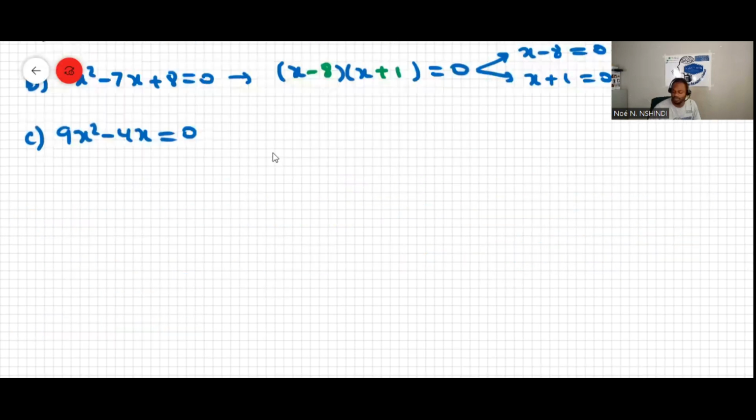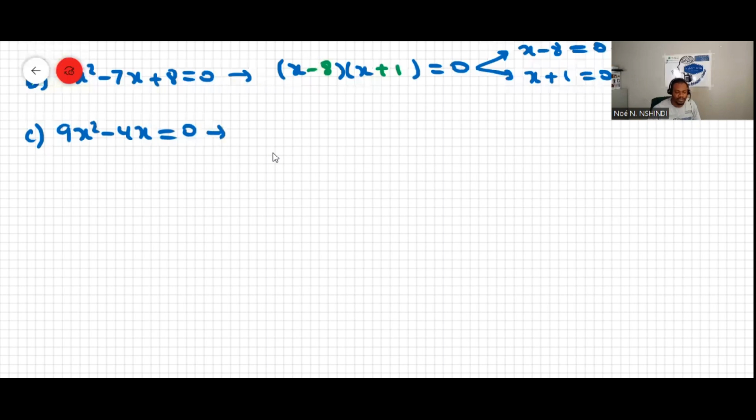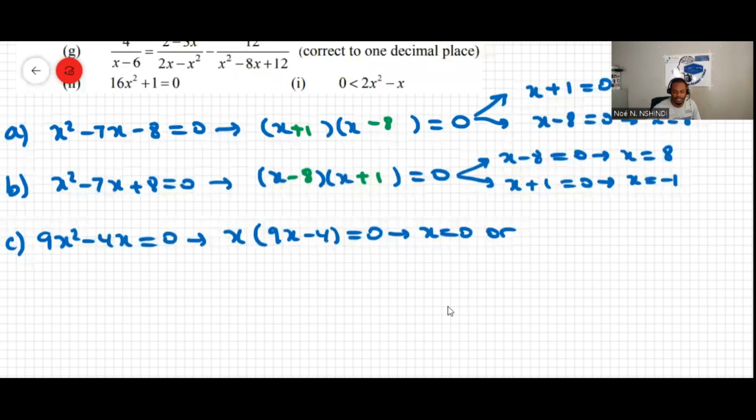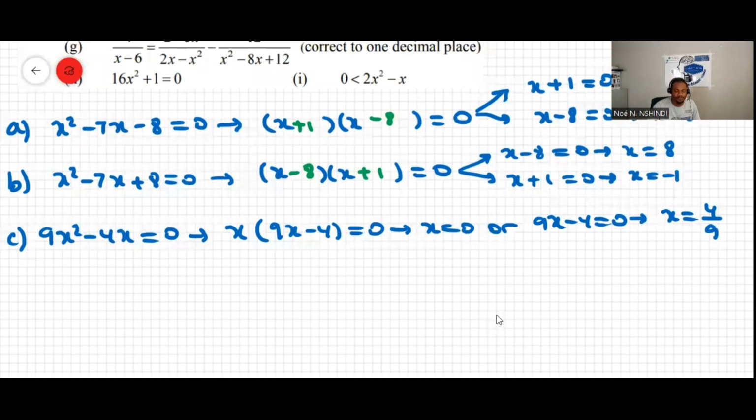Then we can factorize. Take x as a common factor, that makes x times 9x minus 4 is 0, which means that x is 0, or 9x minus 4 is 0, which means x will be equal to 4 over 9. If you move the 4 over and then divide by 9, we get 4 over 9.